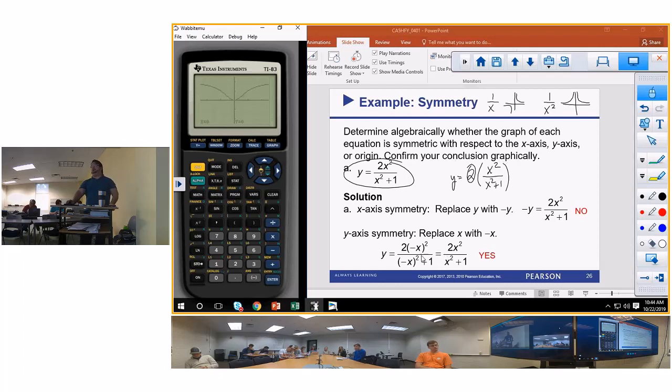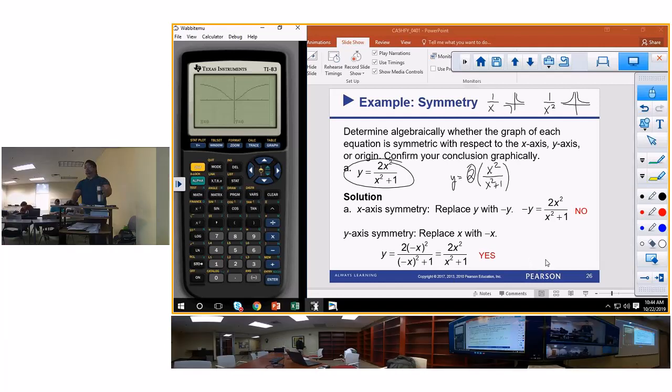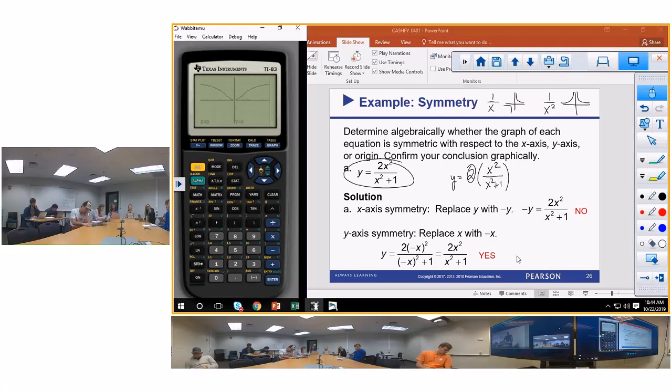And if you plug the negative x in, look here. You plug the negative x in, what do you get? Do you get the same thing? Yes. So it's symmetrical around the what? The y-axis. Question on that one?